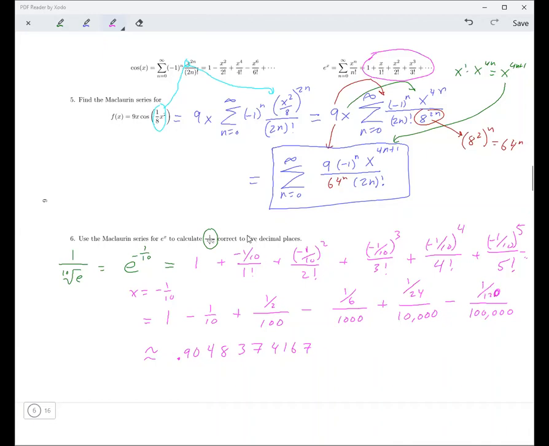So it says 5 decimal places. That means that really, all we needed to do for 5 decimal places was go to here, because this is in the 6th decimal place. And then 120 puts it in the 7th or 8th. This is really small right here.